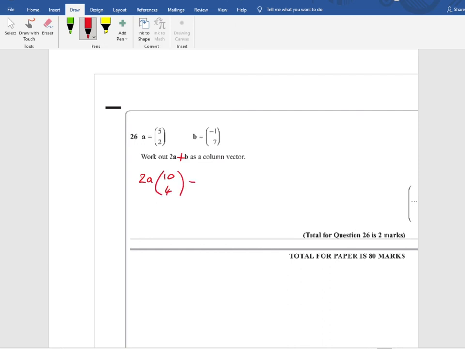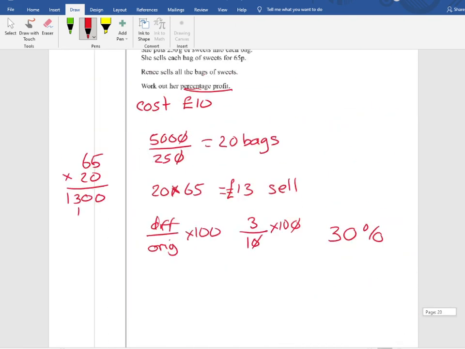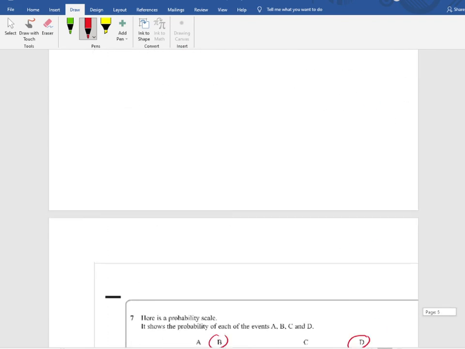And b is minus 1, 7. So add them together. 10 minus 1 is 9. And 4 plus 7 is 11. There you go.